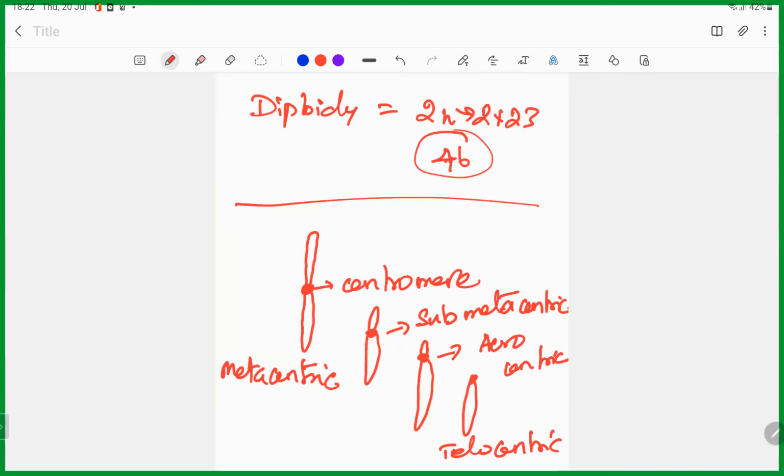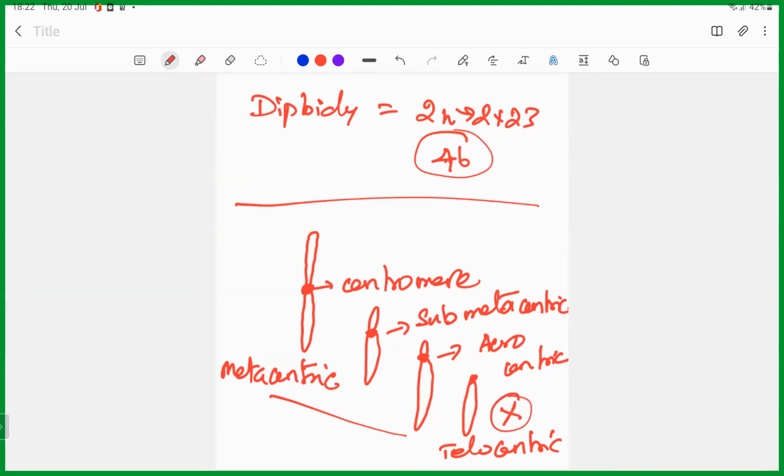What are the 4 types of chromosome? Metacentric, submetacentric, acrocentric, and telocentric. Among the 46, we have 4 types of chromosomes. Mostly you can see the first 3 types. In humans, which type is not able to be distinguished? Telocentric chromosomes cannot be seen in humans. All other 3 types are present.